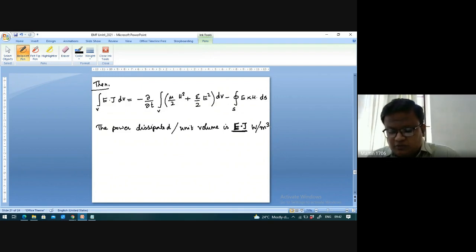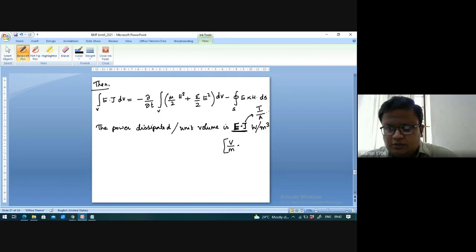So how watts per meter cube? The electric field unit is volt per meter. And what is meant by J? Current per unit area, where I is the current and A is the area.